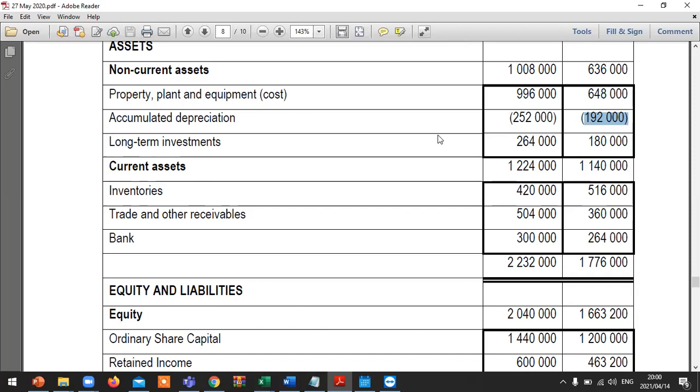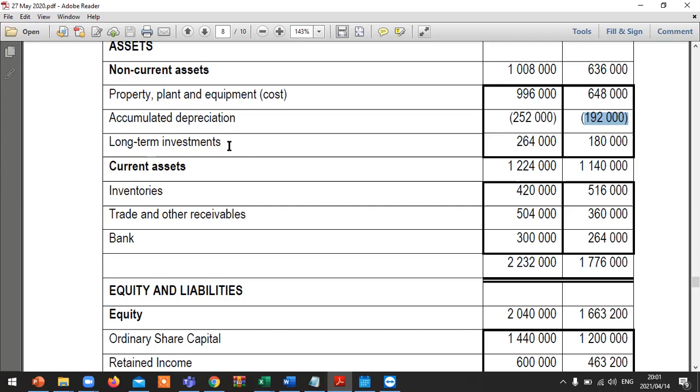All right. So the next item, if there are no questions, will be the long-term investment. It also falls under the investing activities. Last year, you invested 180,000. Currently, your investment is 264. You have increased your investment. And do not forget, the investment falls under assets.